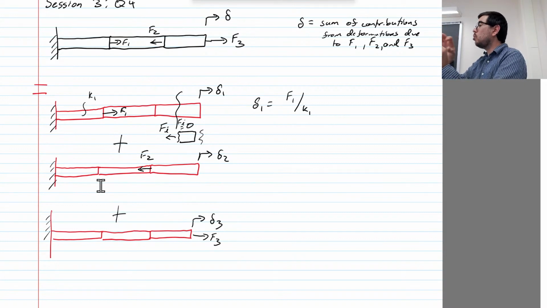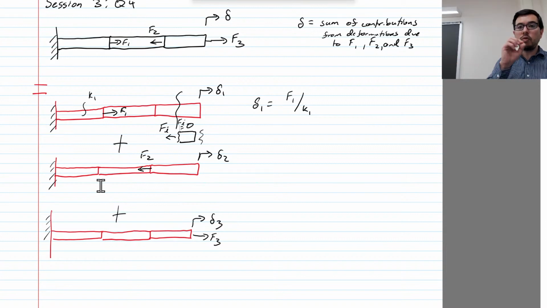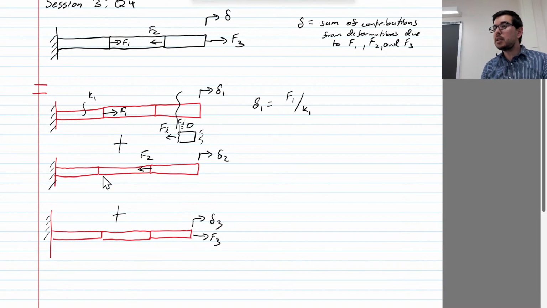If there's no constraint or reaction or external load on this system between those two locations, the force has got to be the same throughout that region. Same thing with a spring. These springs are in series with each other, so their force is the same throughout. So then I know how to create an equivalent spring constant for these two members.